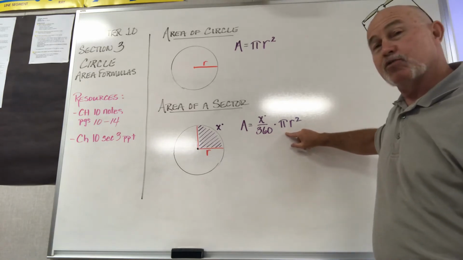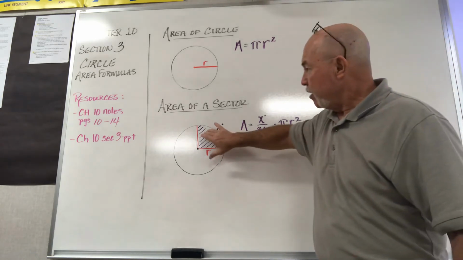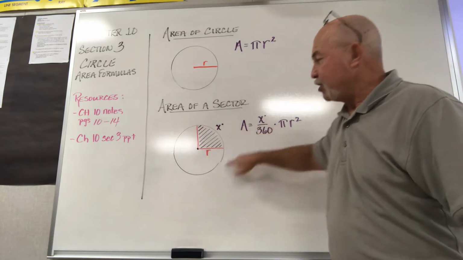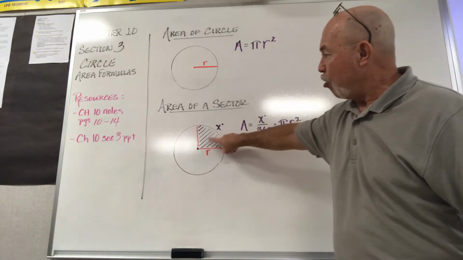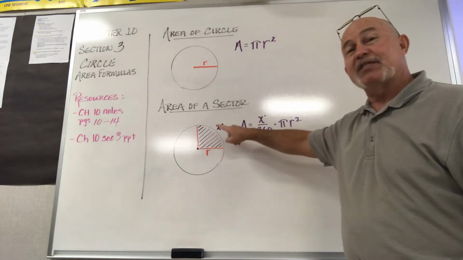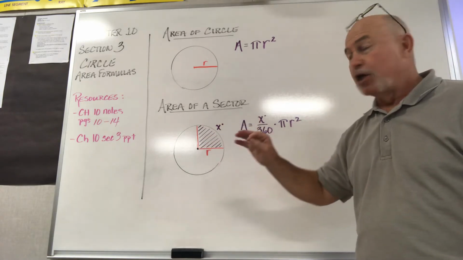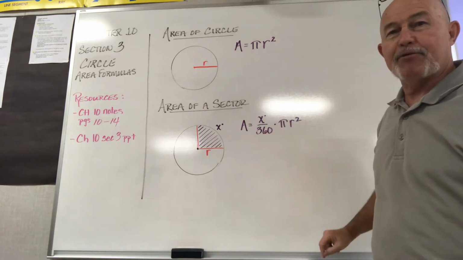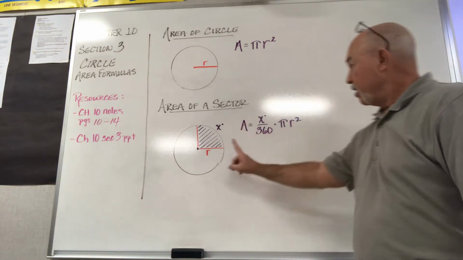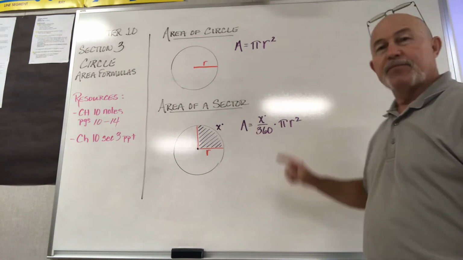Since we're dealing with areas, this is a fraction of the entire area. Remember, the arc and the central angle have the same degree measure. So whichever one you're given, you've got the x that goes on top of 360. There's your fraction. That multiplies the area.